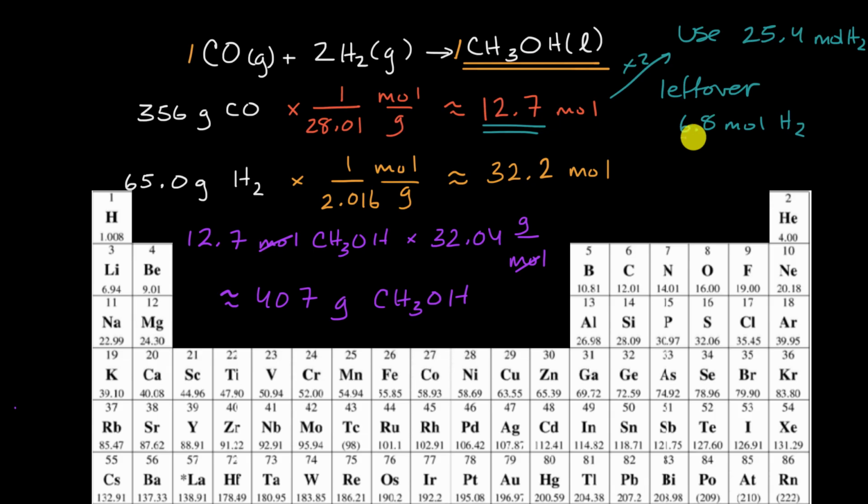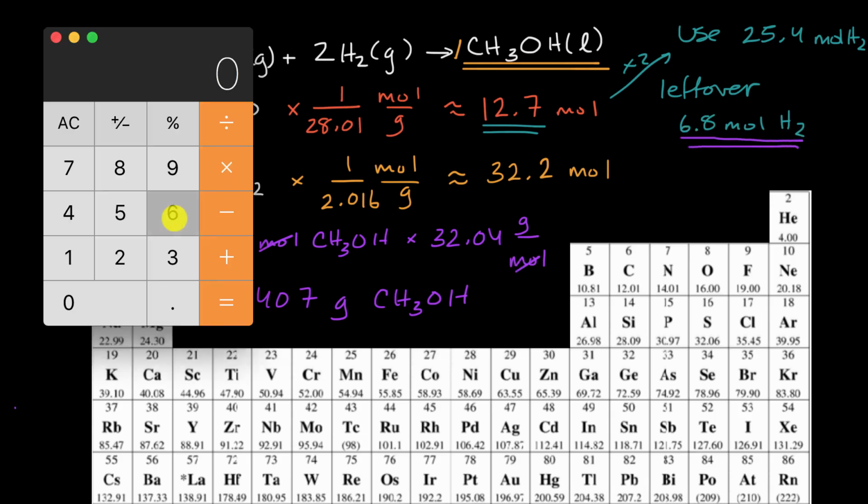Well, we just have to convert our moles of hydrogen that we have left over to grams, 6.8 moles of molecular hydrogen, times the molar mass here in grams per mole is just going to be the reciprocal of this right over here. So times 2.016, 2.016 is going to give us this right over here.